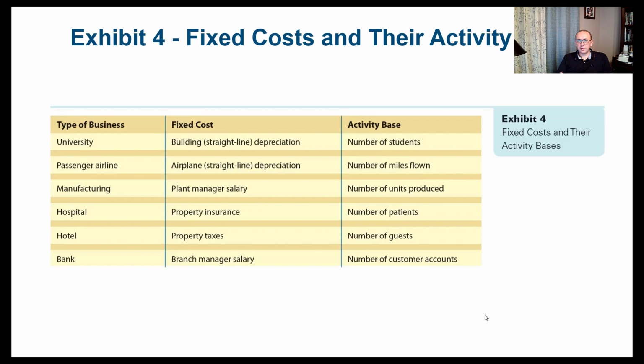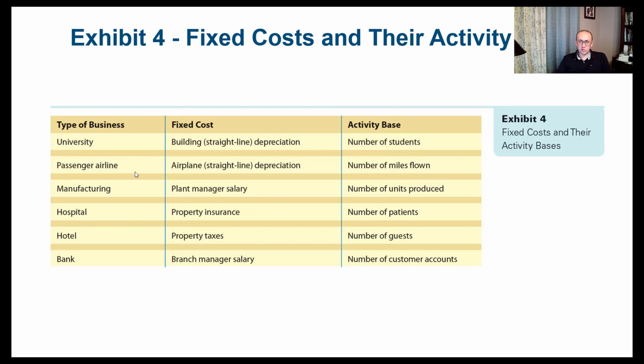Here we have different examples, going back to some of the examples that we had before. For a university, for example, the building depreciation, assuming we're using straight line depreciation, and the activity base is number of students. In this case, the building depreciation would still be the same. It's not going to change.